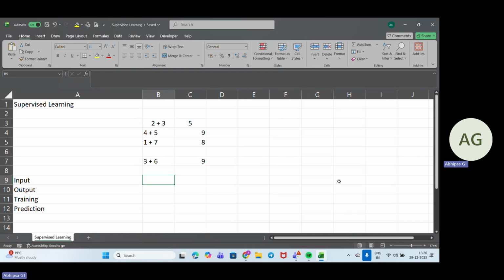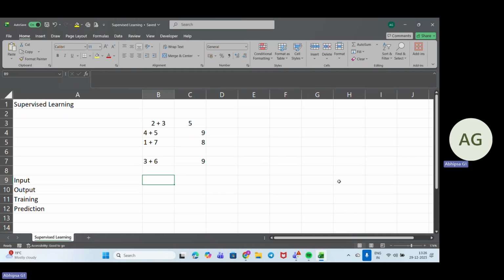Now coming to the training. Training is like teaching the model using these examples. Based on the examples that we have given, we are getting the answer. Next is the prediction. Prediction is when the computer or my model guesses the answer for the new input.